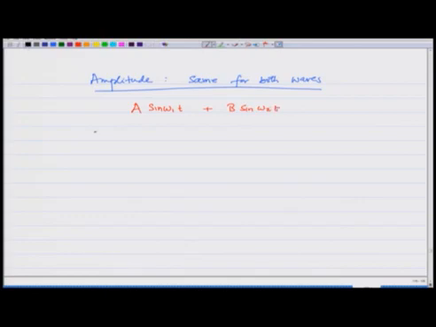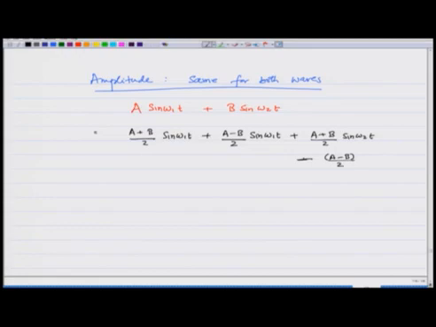I could write this as (A plus B)/2 sine omega 1 t plus (A minus B)/2 sine of omega 1 t plus (A plus B)/2 sine of omega 2 t minus (A minus B)/2 sine of omega 2 t.